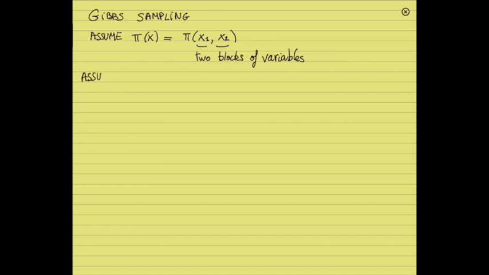The idea of the setting is that we might have access to a Markov kernel, denoted by K1, that leaves the conditional distribution of pi, under pi, of x1 given x2, invariant. So it's like an MCMC algorithm itself, K1, but operating for a fixed x2 and targeting this conditional distribution.